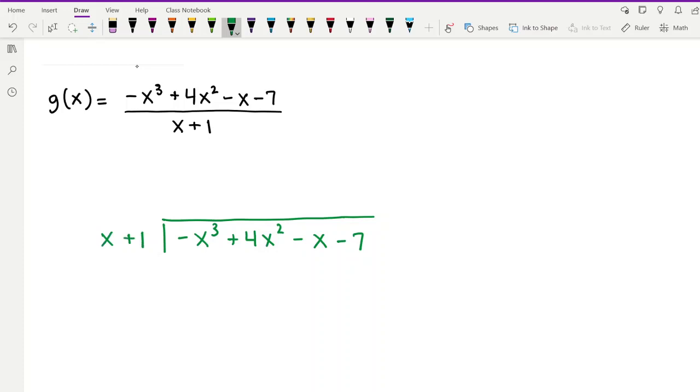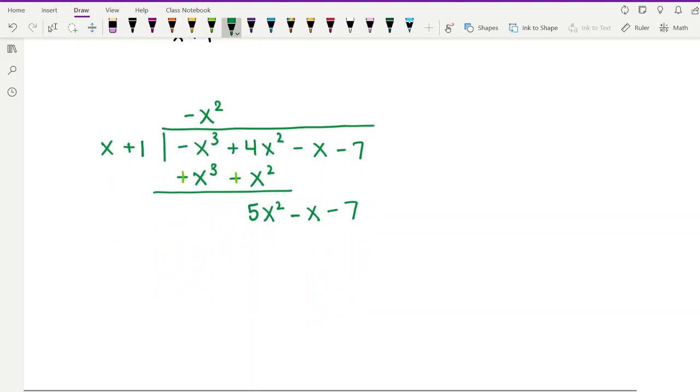So x goes into negative x cubed negative x squared times, and we multiply and get negative x cubed minus x squared. Then we subtract, so these both become plus, and we end up with 5x squared minus x minus 7.